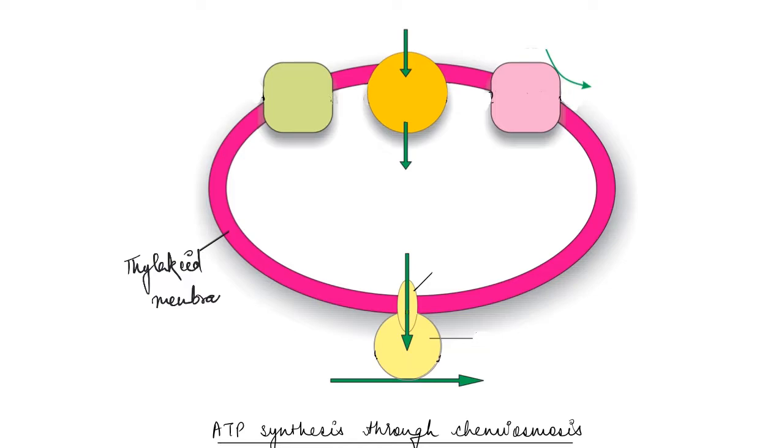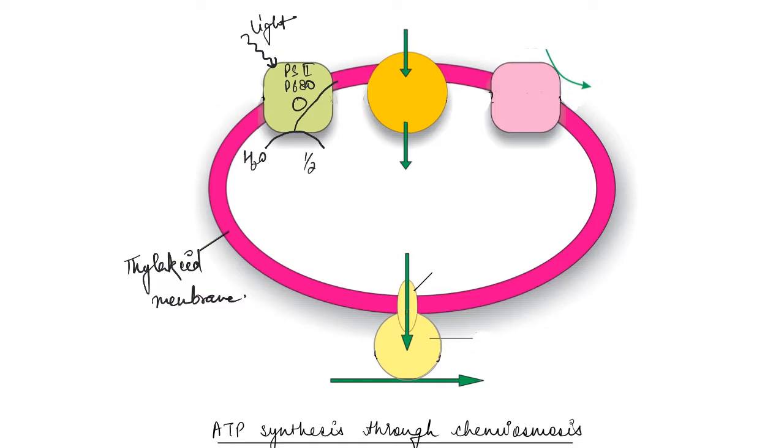What is happening is that light is falling on PS2, which is P680. And in PS2, what is happening? In PS2, the splitting of the water molecule is happening, right?